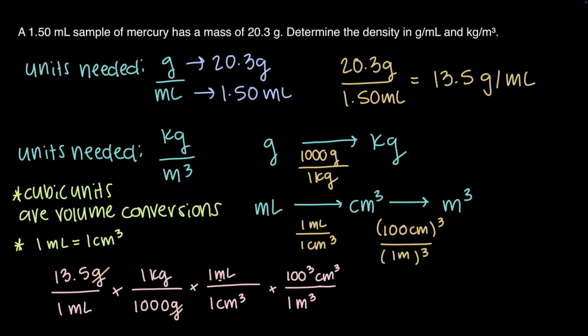Grams cancel out, milliliters cancel out, and cubic centimeters cancel out, leaving us with kilograms on the top and cubic meters on the bottom. Multiplying and dividing all values, we get 1.35 times 10 to the 4th kilograms per cubic meter. We now have both density conversions, 13.5 grams per milliliter and 1.35 times 10 to the 4th kilograms per meter cubed.